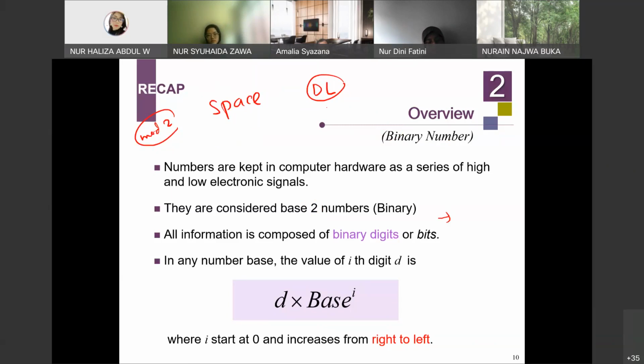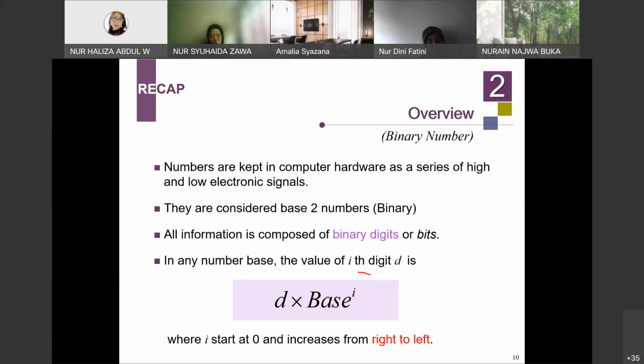For those who think you have already forgotten the numbering system, go back and look at your digital logic notes, because it is all correlated. Similarly, for the COA subject, it is very good to have higher knowledge because later in the OS subject you still need this knowledge. It's all correlated with each other.